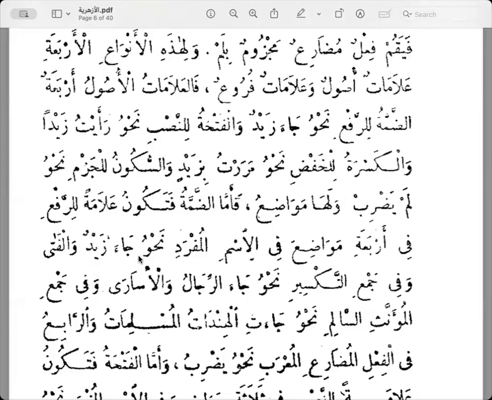So Fatimatu has a dhamma in the rafa' state. Wal-fata has a dhamma in the rafa' state, and we can all hear it. جاء زيد، جاء الفتى، جاء موسى. Can we all hear the dhamma?